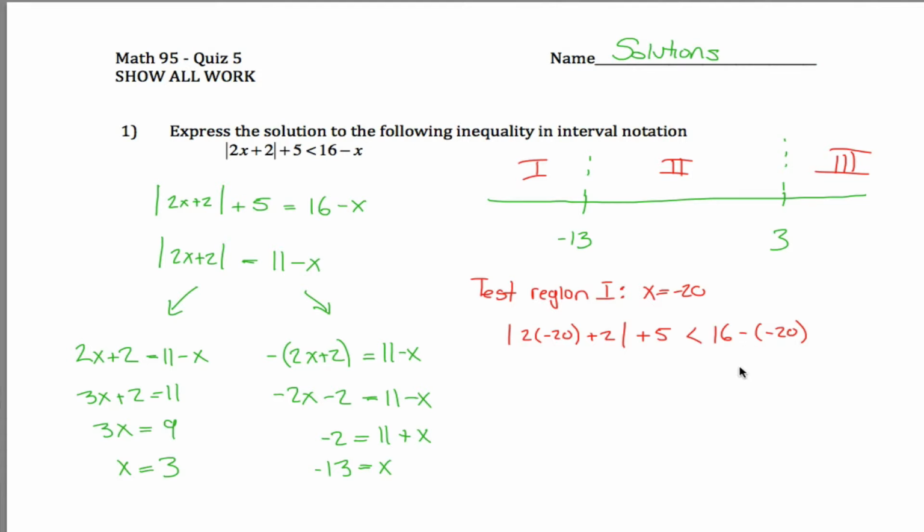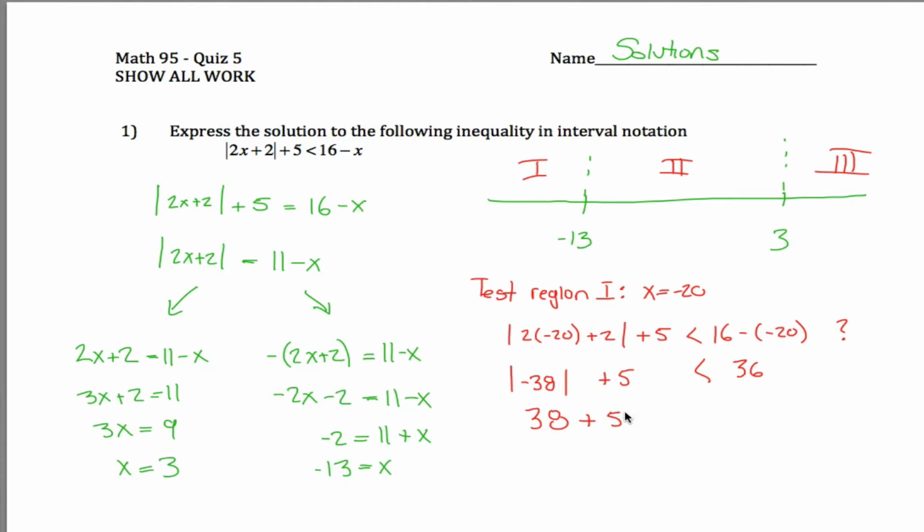Well, 16 minus -20 is the same as 16 plus 20, which is 36. And over here, I got the absolute value of 2 times -20 is -40, plus 2 is -38. I think this is going to work, but just barely. So the absolute value of -38 is +38.